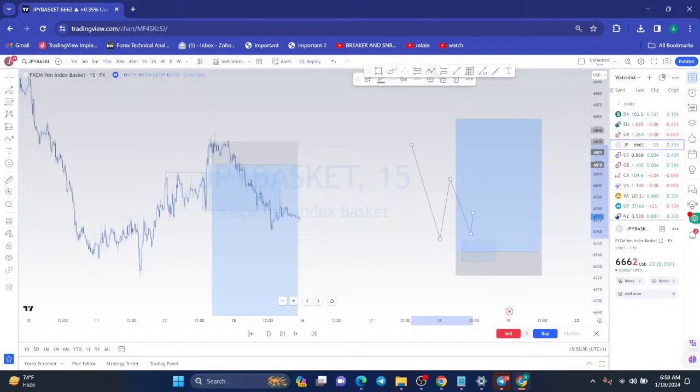After it has almost touched your zone, it will now start going in your direction. You will now be happy and add more lot size. After it goes a small way, it will come back down, take away your SL and then push up. That is the difference between inducement and liquidity.